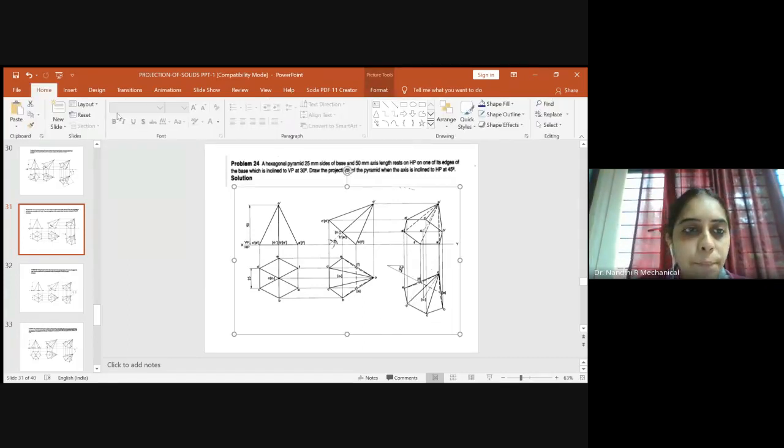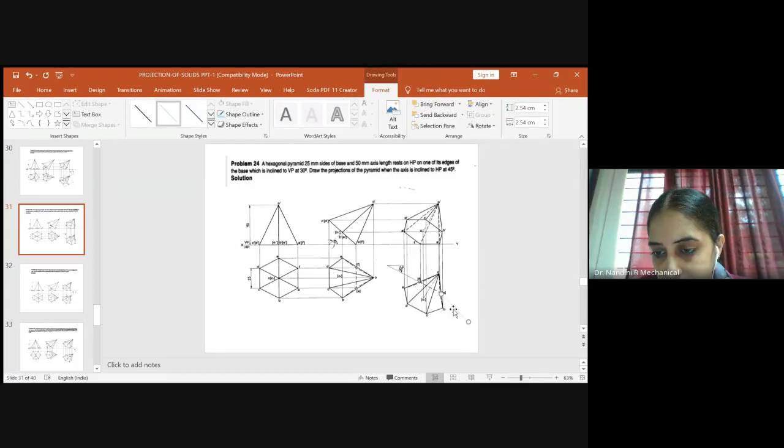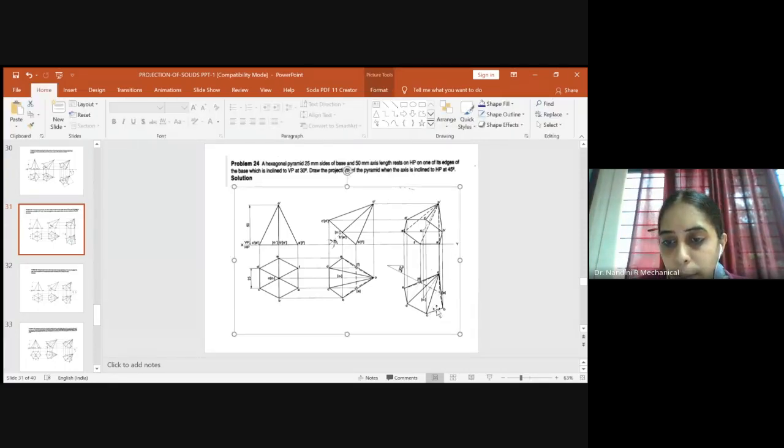And similarly, from A also, draw a perpendicular line. This perpendicular construction line, you just draw perpendicular to this 30 degree line.